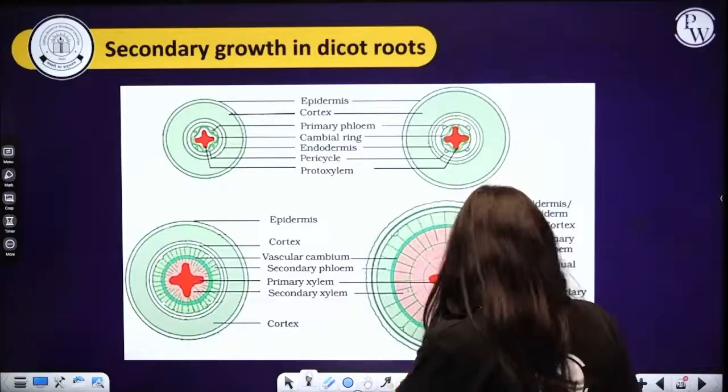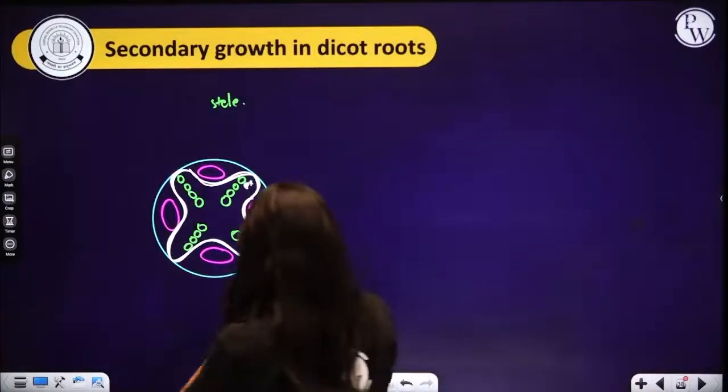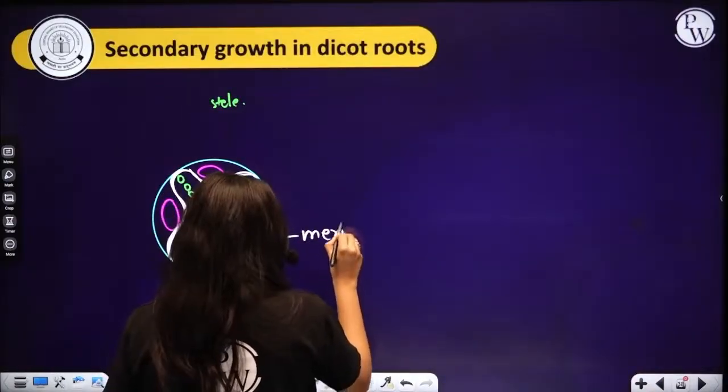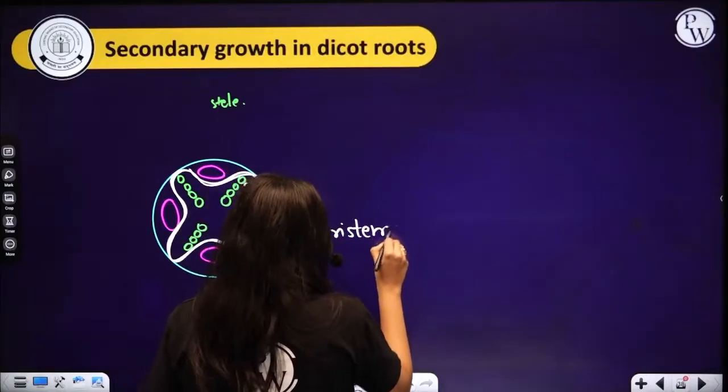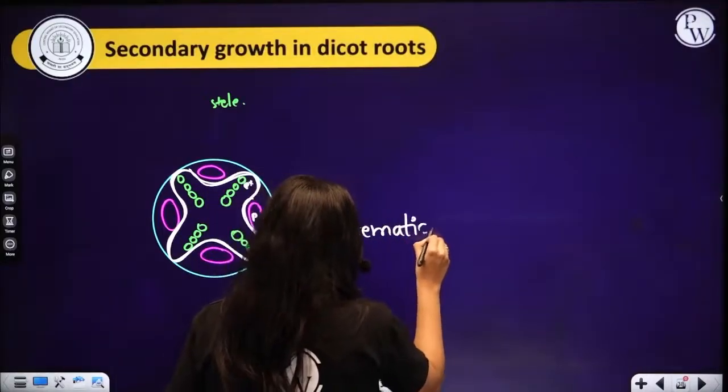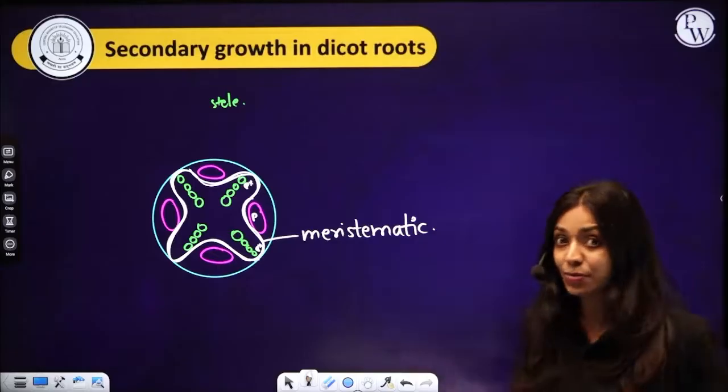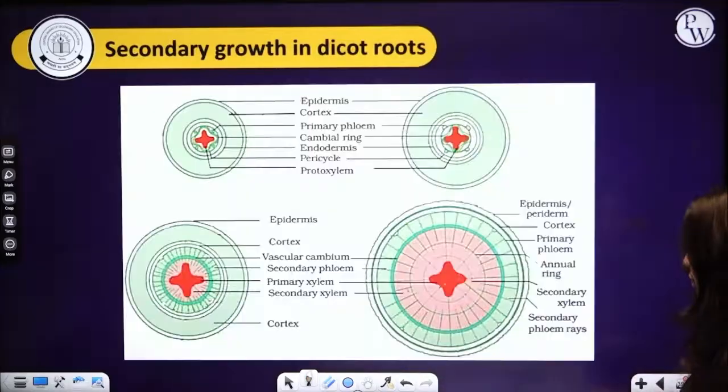This wavy ring will become meristematic and it will function very similarly to the vascular cambium that we saw in the case of the dicot stem.